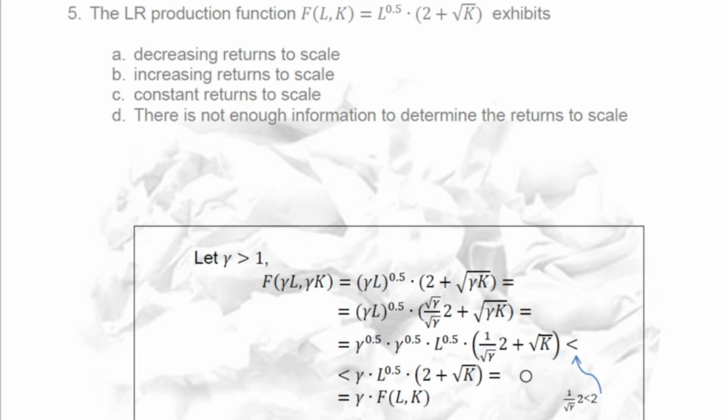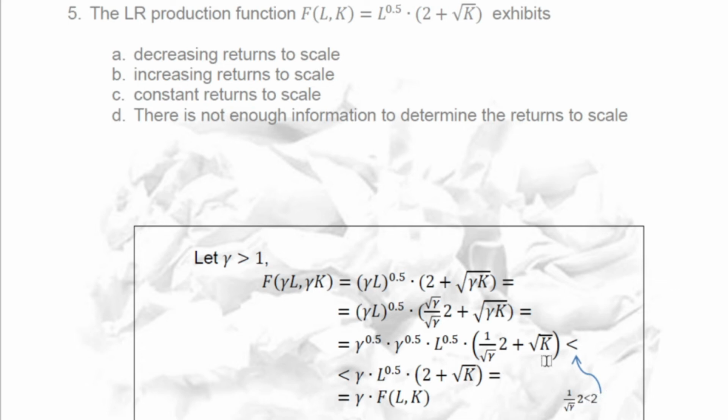And the key is to know that gamma is greater than 1. As gamma is greater than 1, 2 divided by a number greater than 1 will be less than number 2. If I divide 2 by, for example, 1.5, 1.3, 1.7, the result will be less than 2.